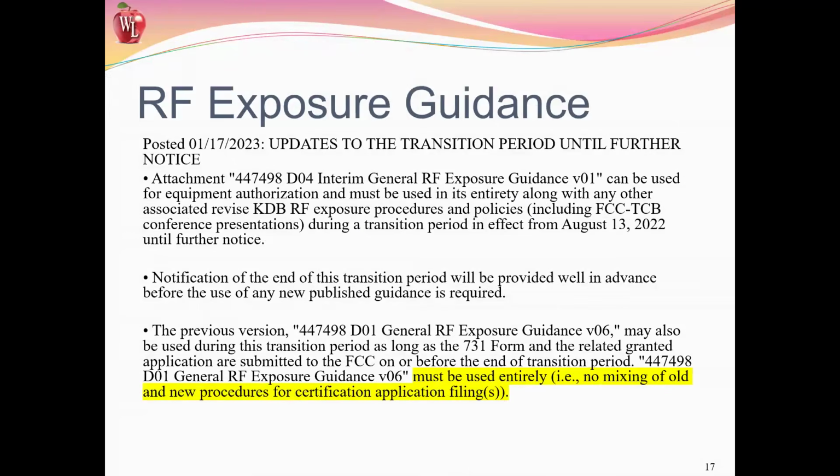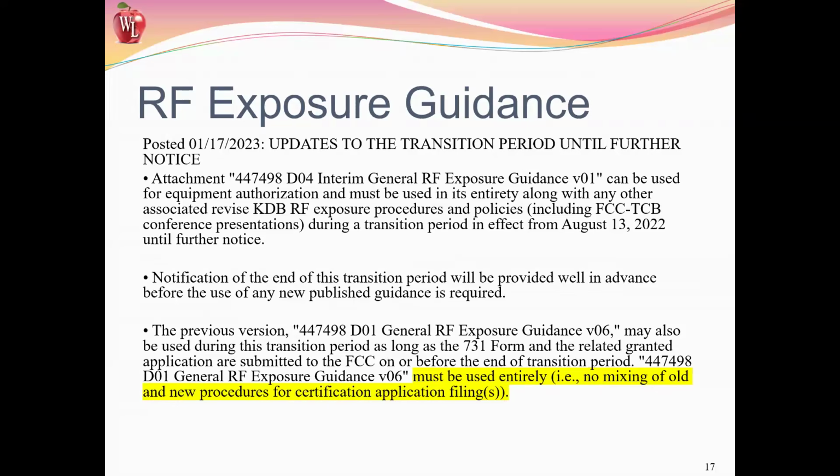Then they came out with this notice: the D04 interim guidance can be used for equipment authorization and must be used in its entirety, along with the associated revised KDB RF exposure procedures and policies, during a transition period from August 13th until further notice. When they end the transition period, there will be plenty of advance warning, is what they've said.